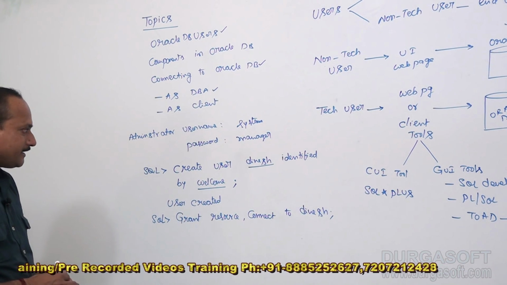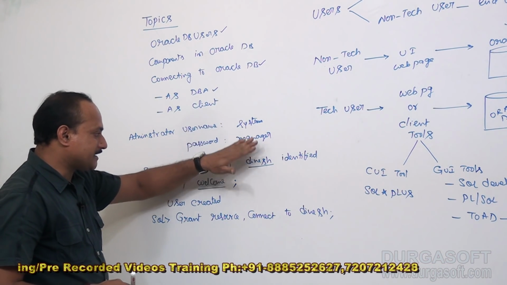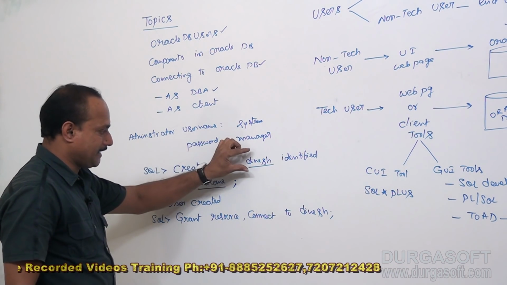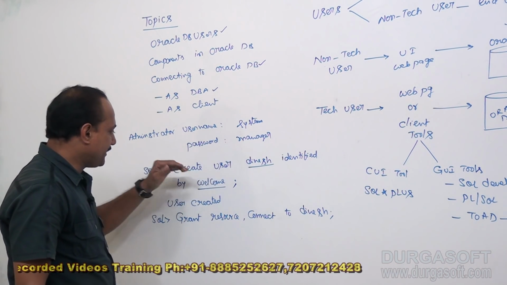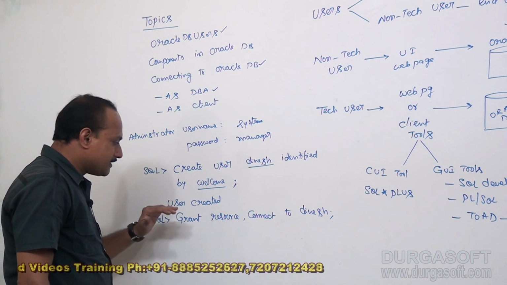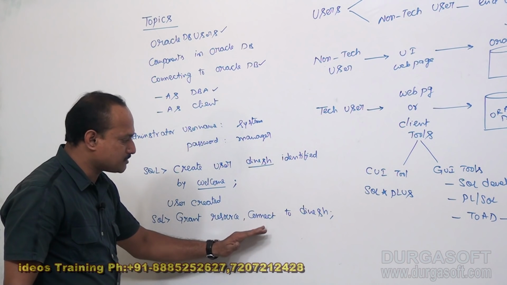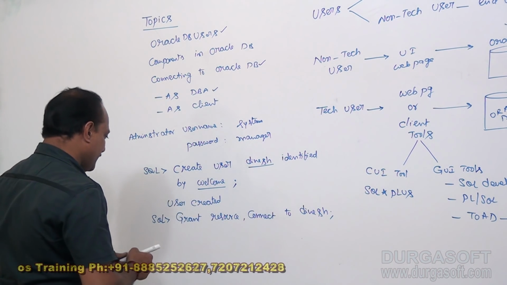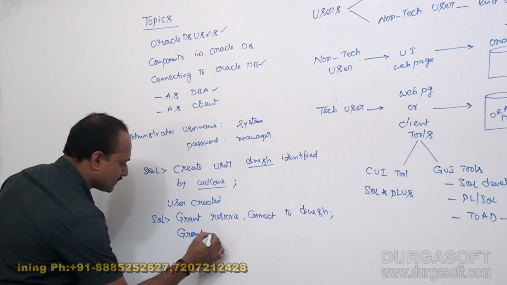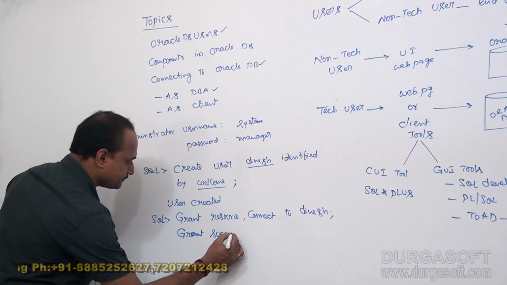Who is the admin here? System. He is creating one user account for the client Dinesh. In this way you can create a user account, and in this way the DBA can assign permissions to Dinesh. Then it will display the message: grant succeeded.